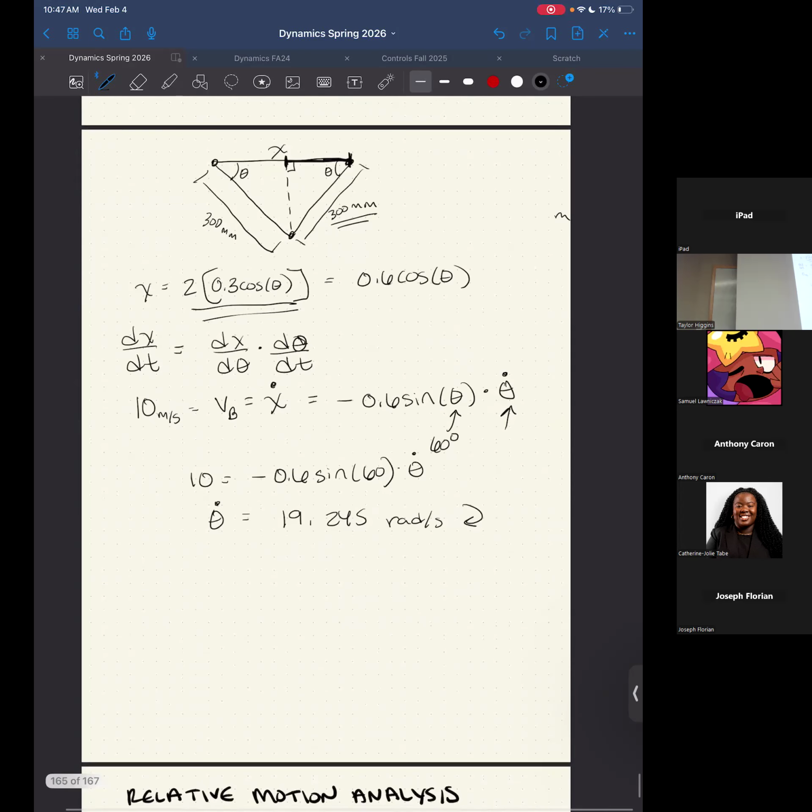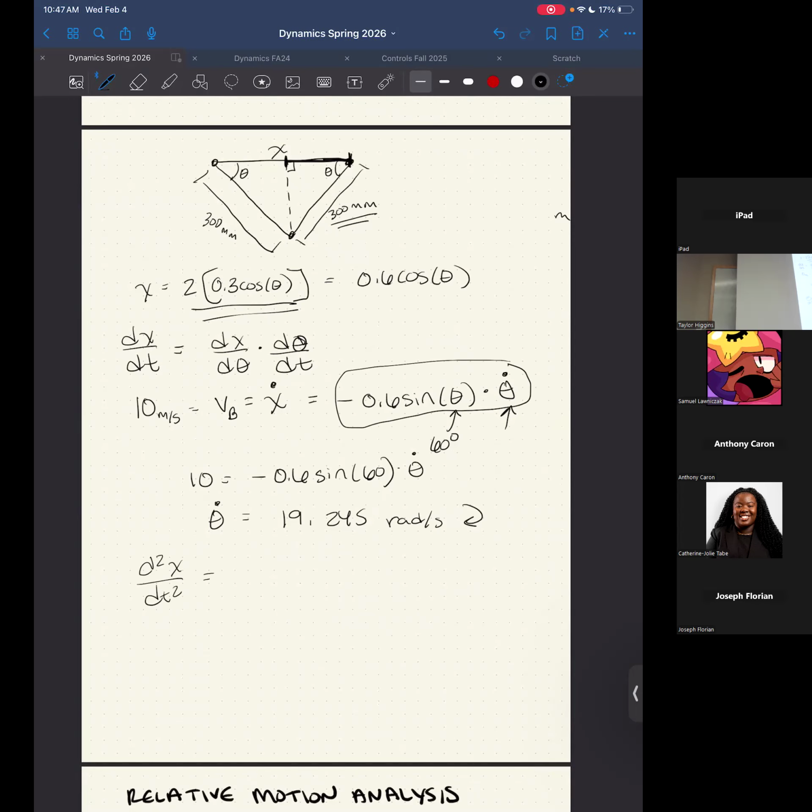Okay, how do I find acceleration? Take another time derivative. Very good. So if I do d squared x dt squared, I need to take another time derivative of this. That looks like a product rule.